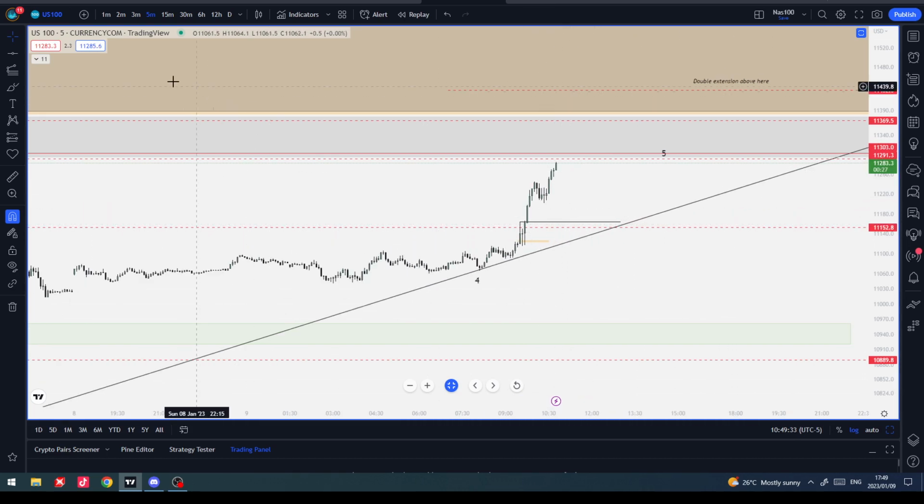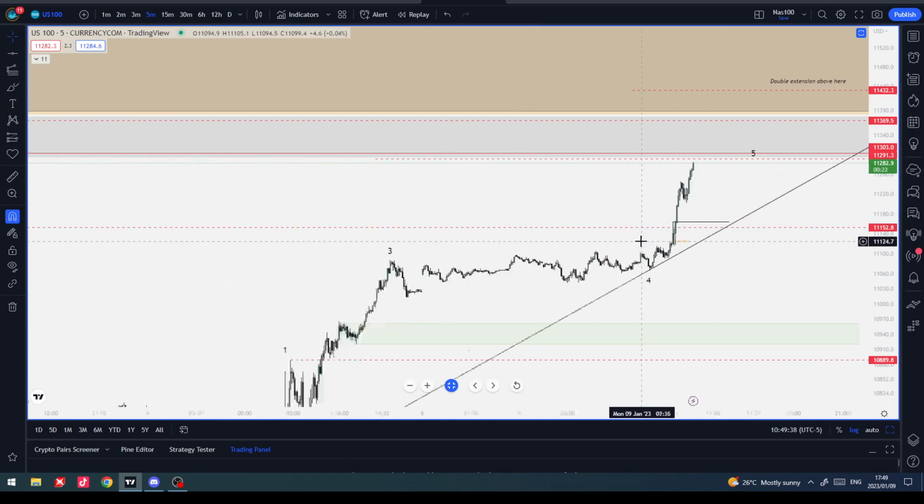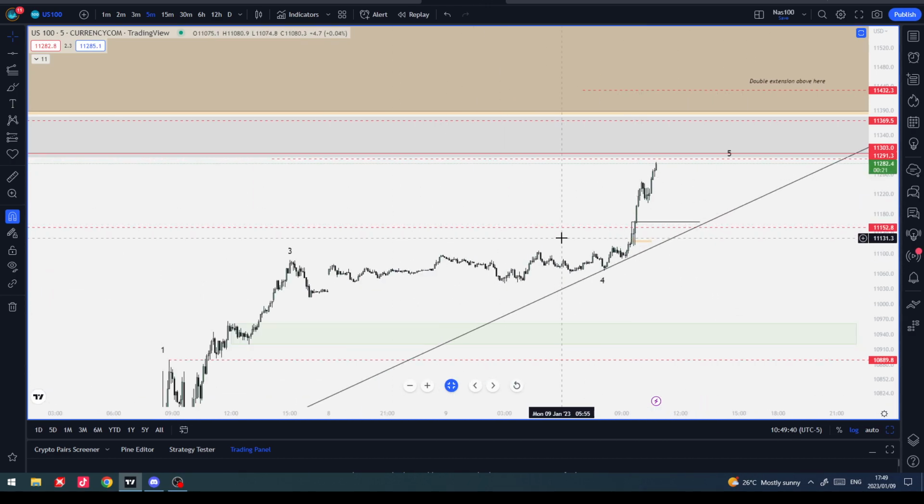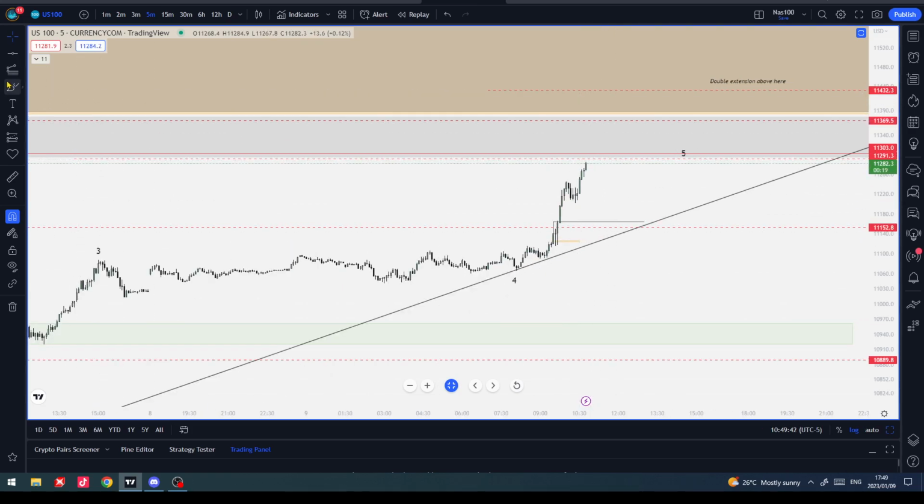Right, so if this is more corrective, then instead of being a wave 5, this should be an A. We'd see a bigger B come down here, and then we'd see the C go up here like this, right?